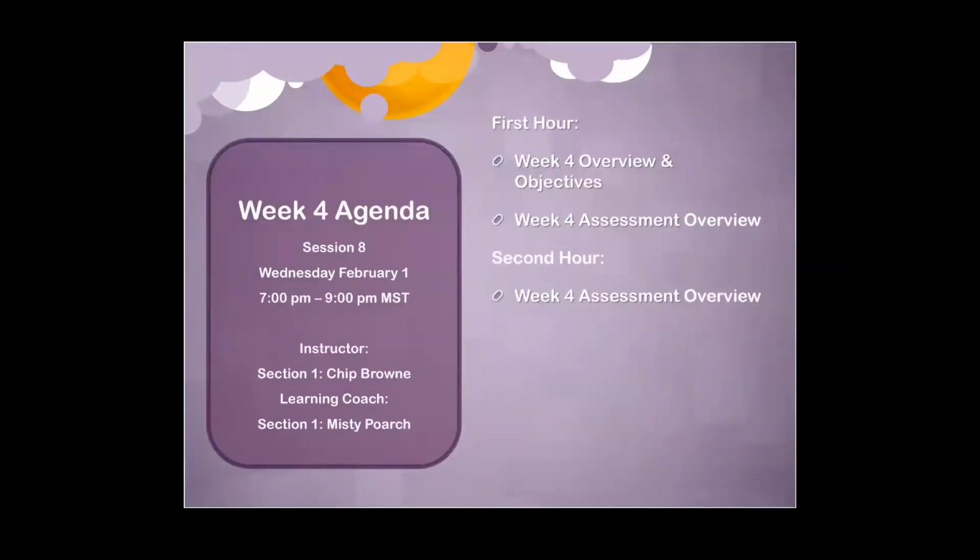Tonight's agenda: during the first hour, we're going to make sure we're clear on objectives, and we'll begin working with the assignments, the assessment actually, and we'll then just work with students who are working on completing them, and we'll continue the recording of that during our second hour.